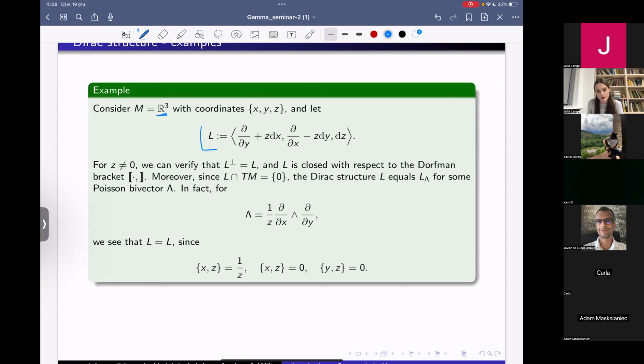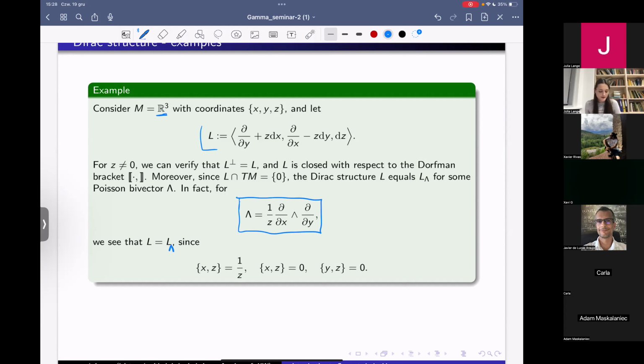So then we know that we can write L as the image of some bivector field, which is a Poisson bivector. And indeed, we find this lambda to be in the following form. Simple calculations show that it really works.